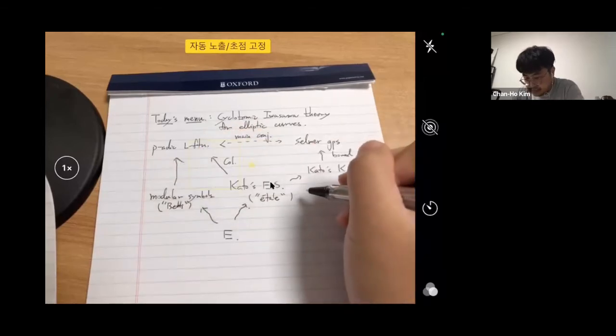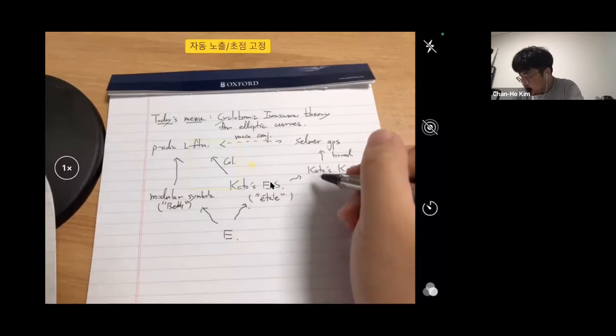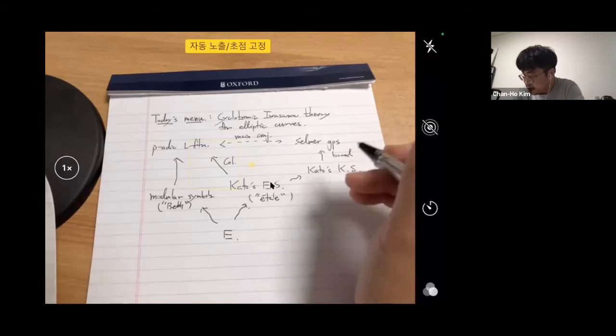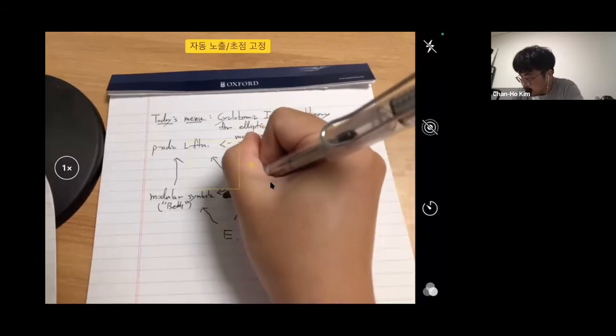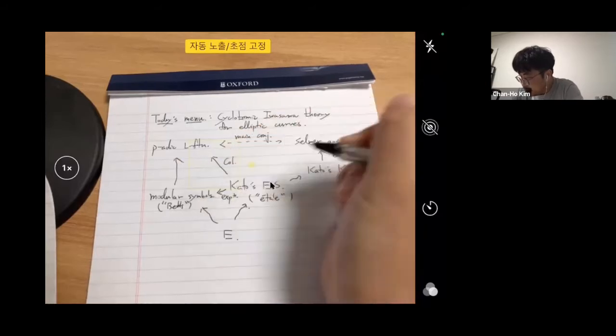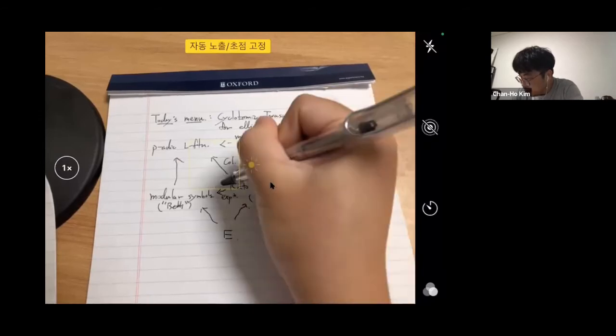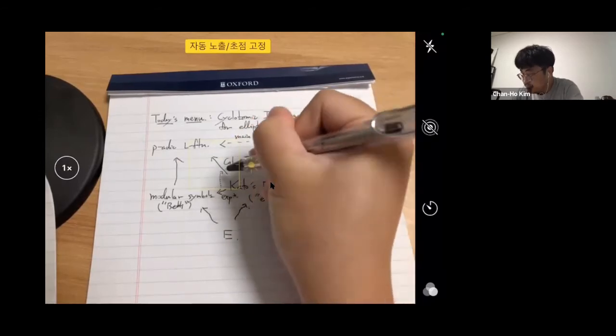Also, there is a connection from Kato's Euler system to modular symbols via the dual exponential map. Indeed, the Coleman map interpolates this dual exponential map.